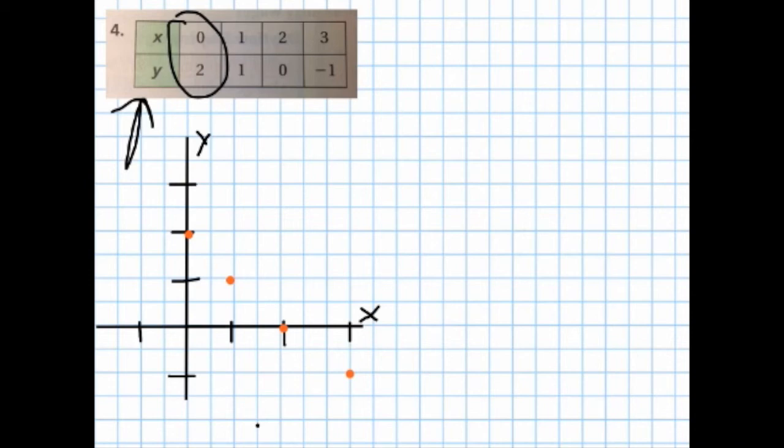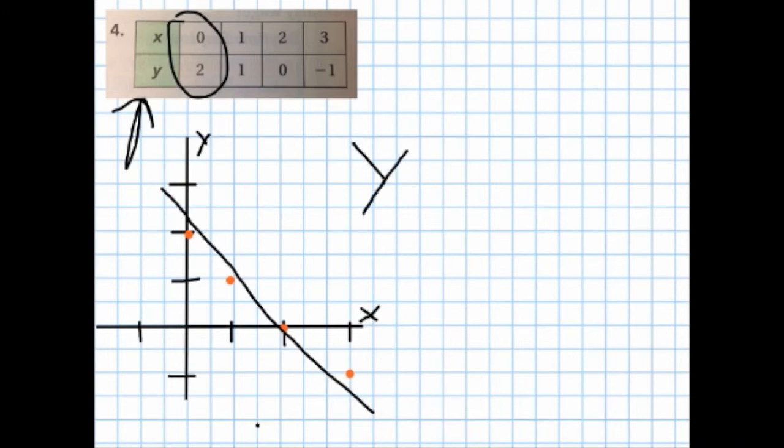Each one of the marks on the axes is 1 space, and you can see that I've plotted them. Our line goes just like that. It's a little rough there, but you can see that we have some information to write our equation.